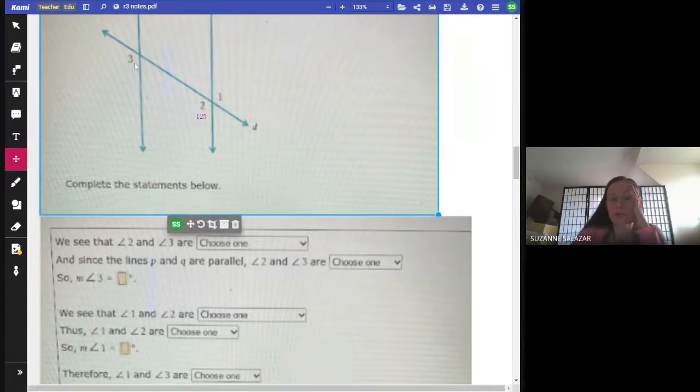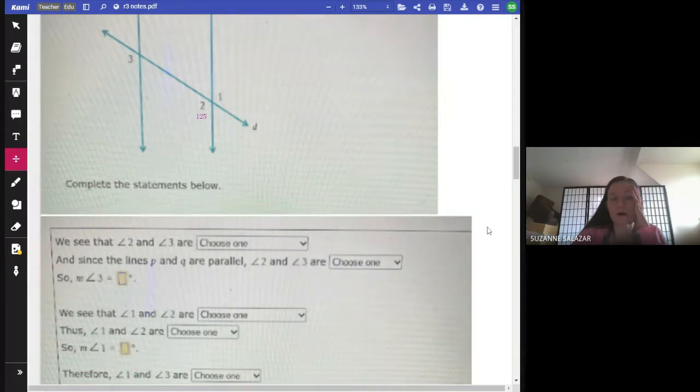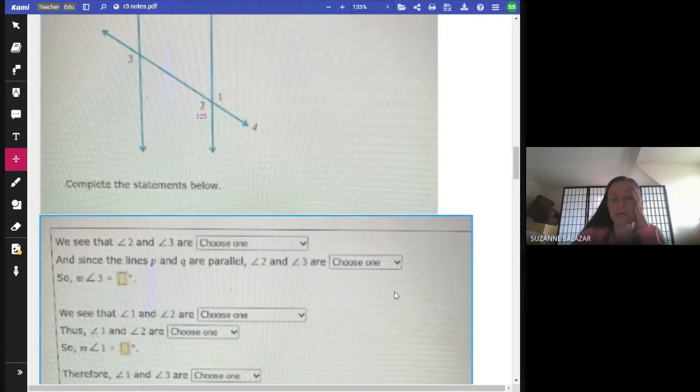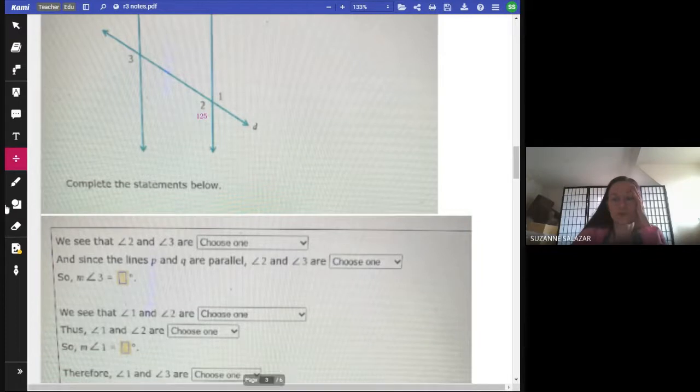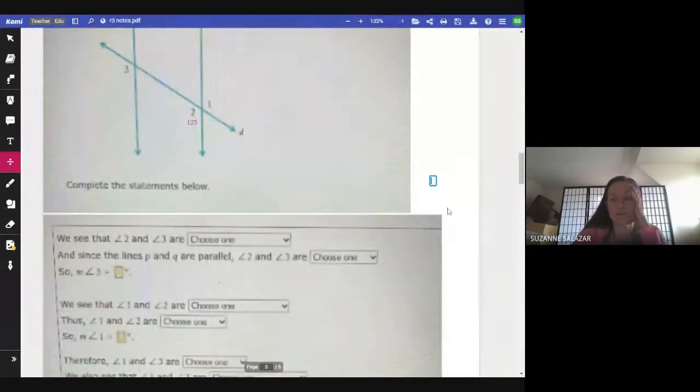So now we're going to look at angle 2 and angle 3.